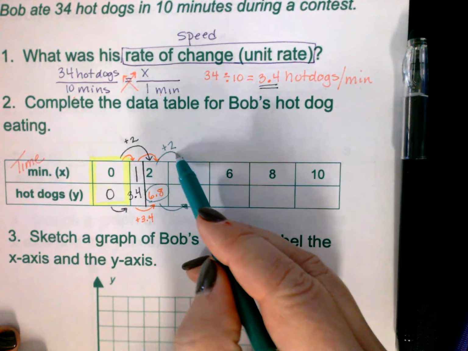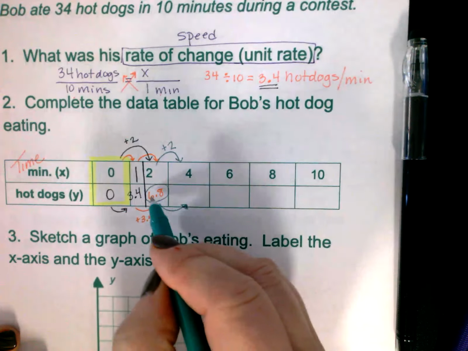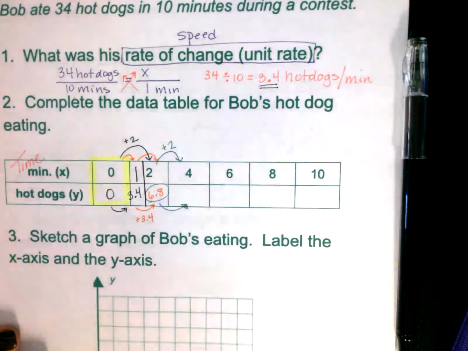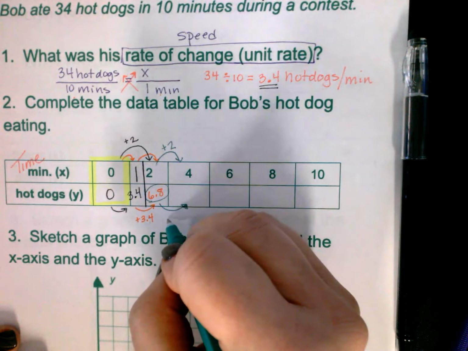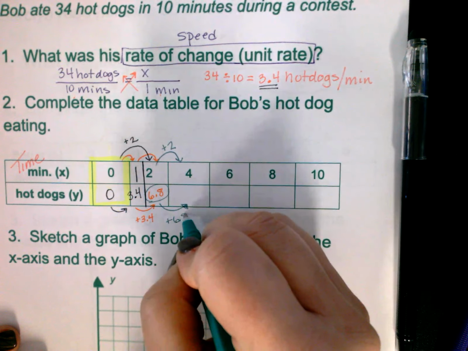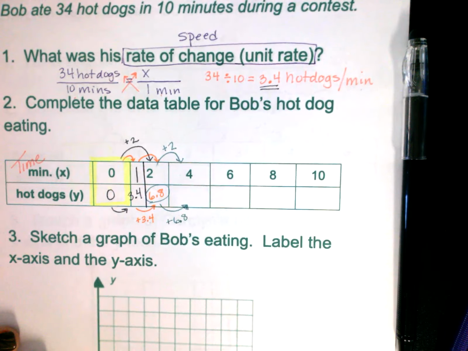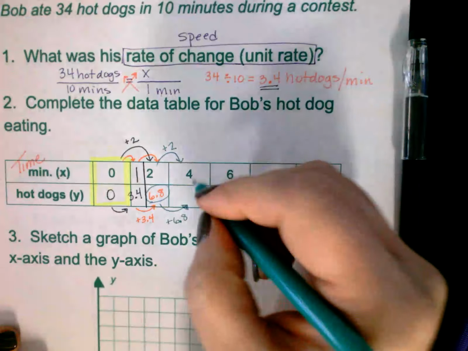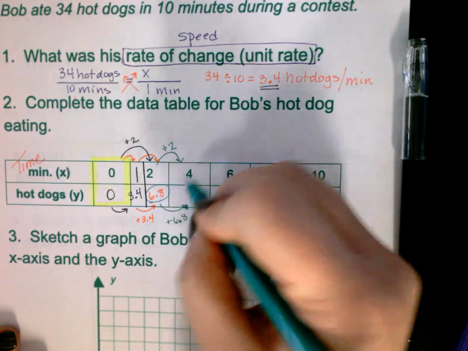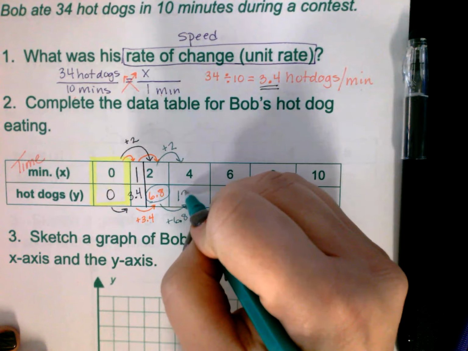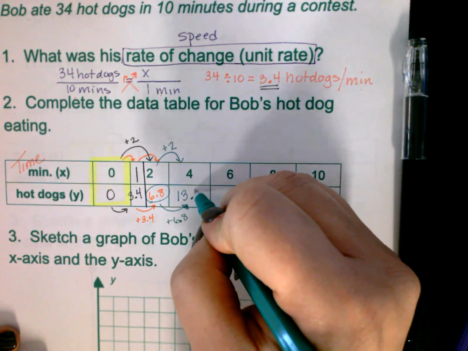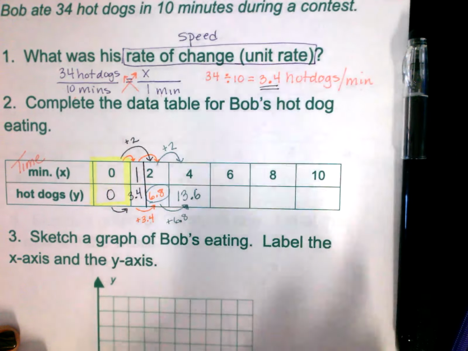We're increasing this by 2, so we should use the data from the 2. So I would add 6.8 because in 2 minutes he can eat 6.8. 6.8 plus 6.8, you definitely may use a calculator, 13.6 hot dogs.